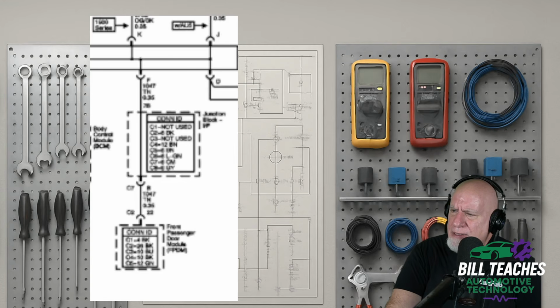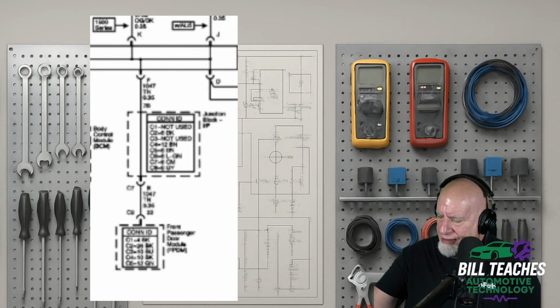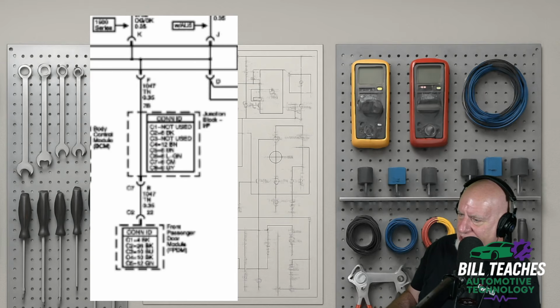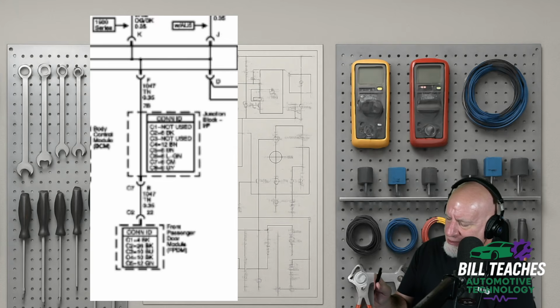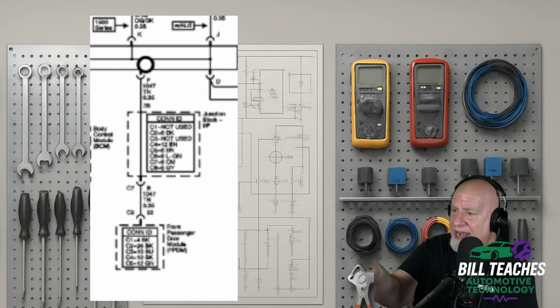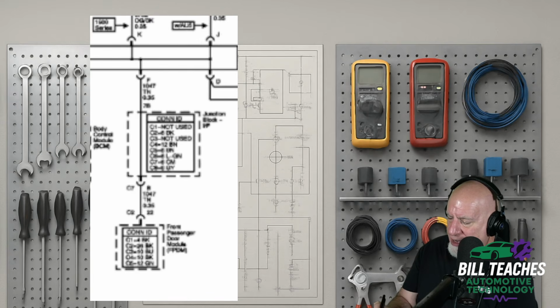So I know this is fuzzy because I've blown it up bigger than the resolution that I printed it in. But I know terminal F at the Splice pack goes to my passenger door module. So now what I can do, I'm already at F. So let's get a jumper wire, put that jumper wire on a ground somewhere, and go from F to ground.